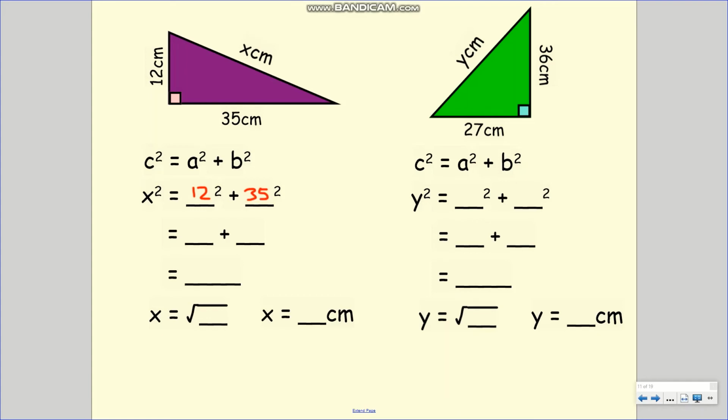Then work them through just like I've showed you in the previous two examples. Do that again for the right hand side question, and then I will give you the answers in a couple of seconds. Make sure you pause the video here until you've completed both of these examples.